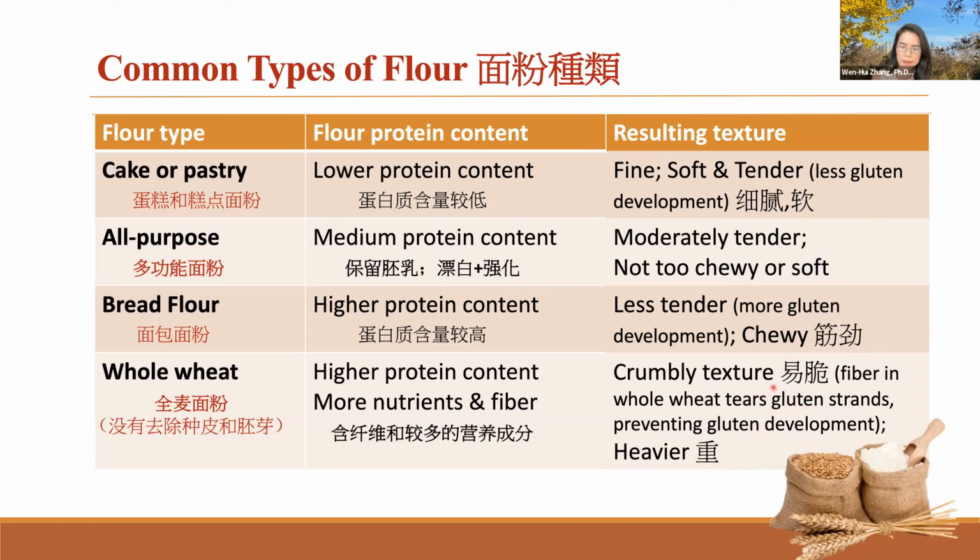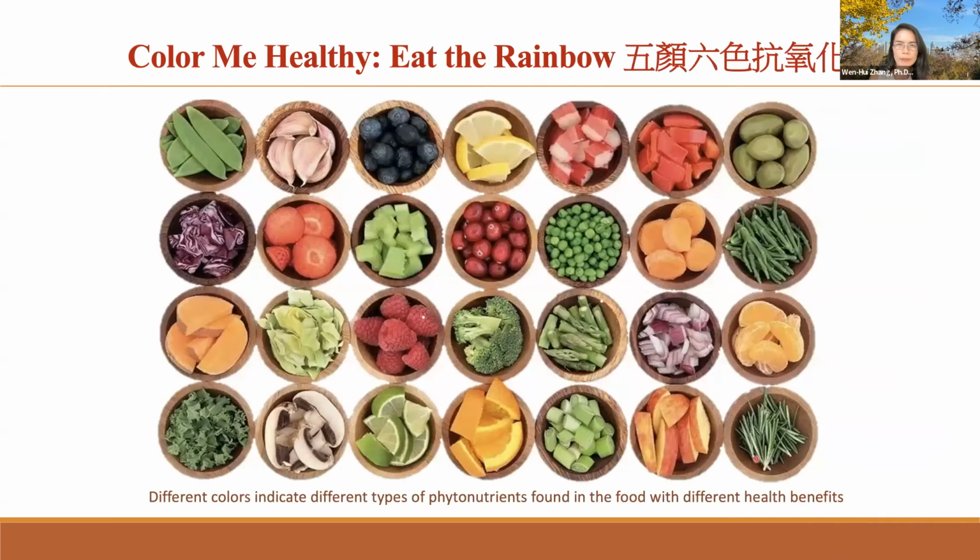So the fiber prevents gluten development, and the bread made out of whole wheat tends to be heavier, so you can tell by just feeling the bread in your hand.